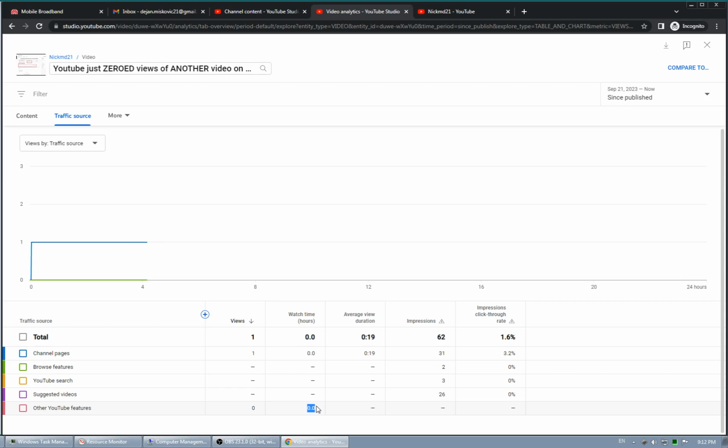So the only thing is this: watch time and average view duration. So average view duration per traffic source. Watch time is 0. So there cannot be watch time per traffic source.